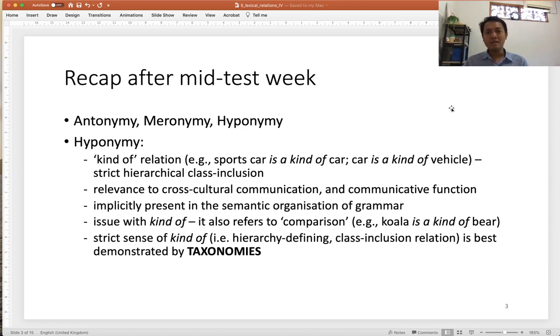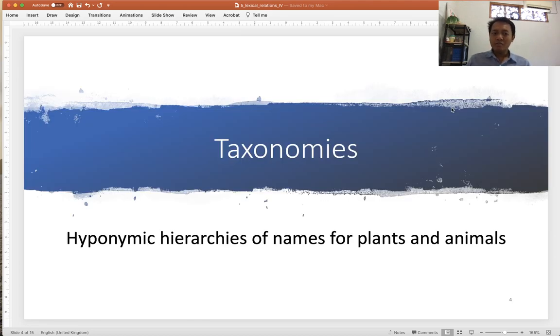And so the strict sense of kind of, namely the hierarchy defining class inclusion relation, is best demonstrated by taxonomy. Okay, what is taxonomy? It is hyponymic hierarchies for names of plants and animals. So this is the way we categorize and organize our natural world, natural things.